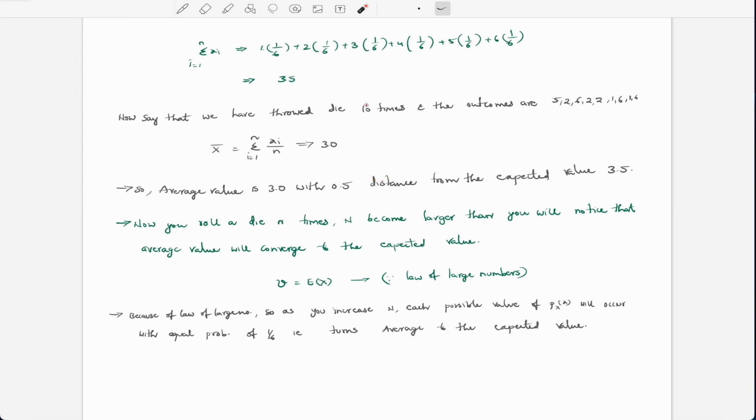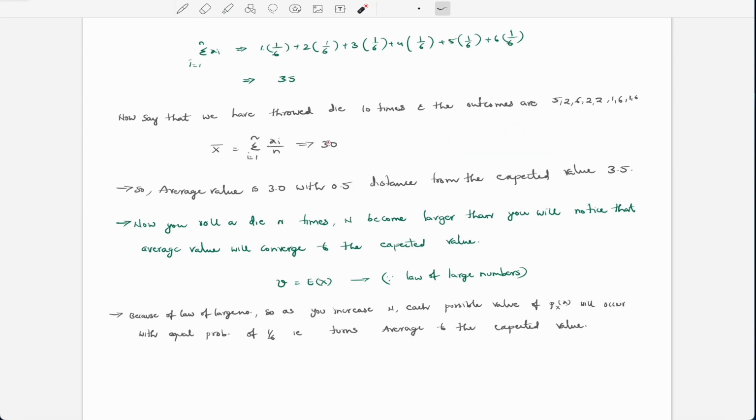If I run 100 times, or 200 times, or 3000 times, the average value tends to equal the expected value. Means the average value will converge, it tweaks to the expected value, which is 3.5.